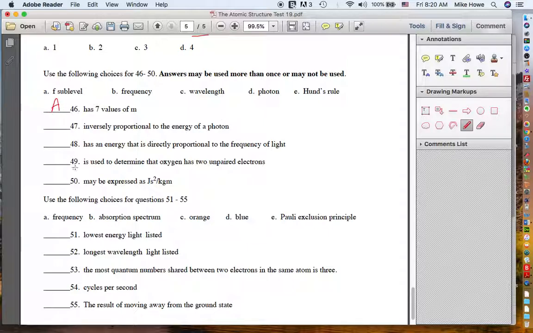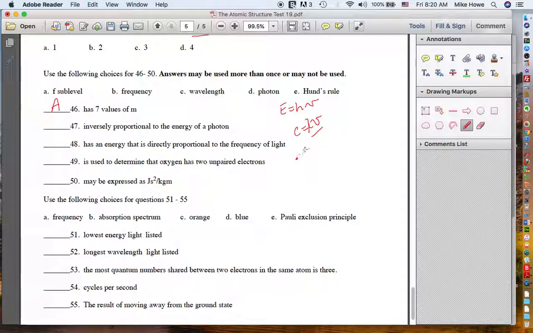Inversely proportional to energy. So we had a couple of equations, I'll write them down here. Energy is equal to H times frequency, and C is equal to wavelength times frequency. Now I could, watch this, I could divide both sides by wavelength.